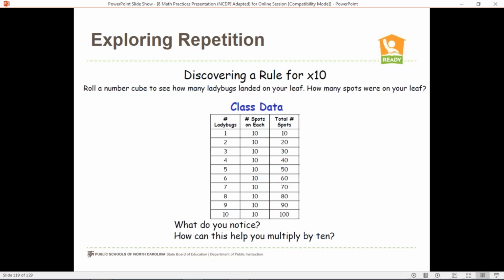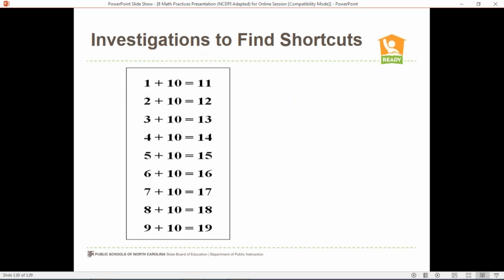Sometimes that's where we miss the opportunity when we're teaching kids a rule, like just add a 0 to the end. Well, that doesn't work when I multiply by 12. But if I understand how multiplying by 10 truly works, then I can work on finding other shortcuts or other kind of student-driven rules, right?